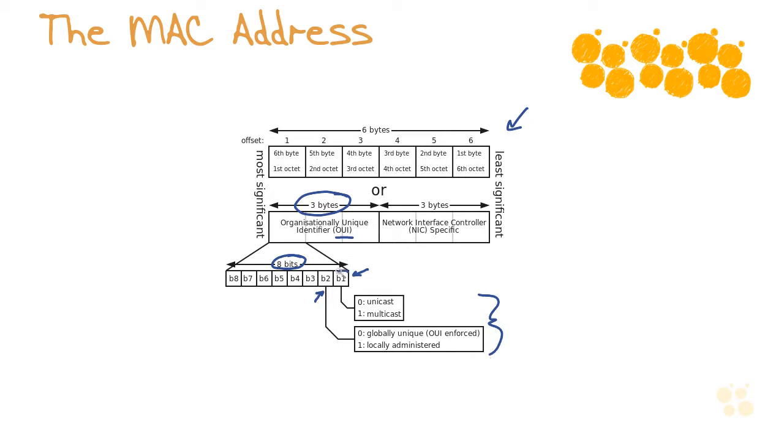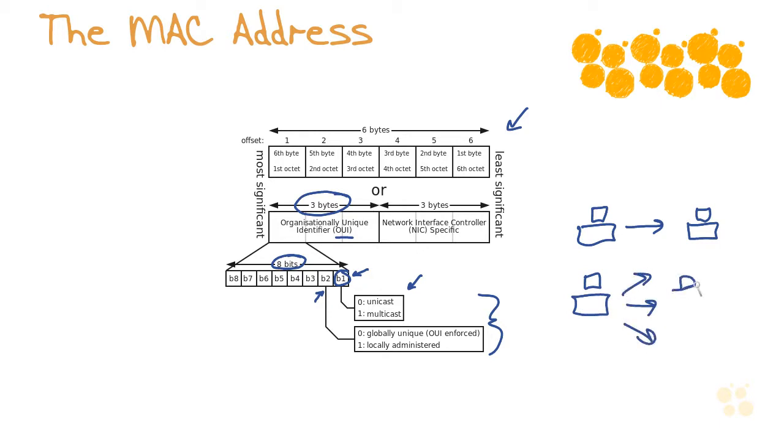Let's take this one first, B1. This indicates whether the MAC address is for unicast or multicast traffic. Remember, unicast traffic is when a device is sending traffic directly to a single other device on the network. Multicast traffic is when a device is sending traffic to a group of devices that want to receive that traffic. This is almost like subscribing to a television station type of analogy.